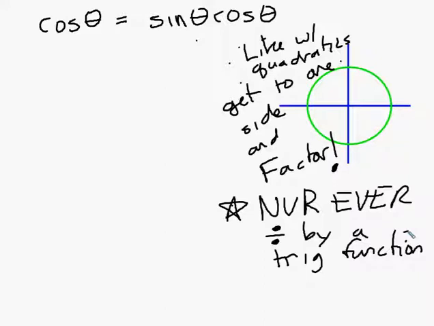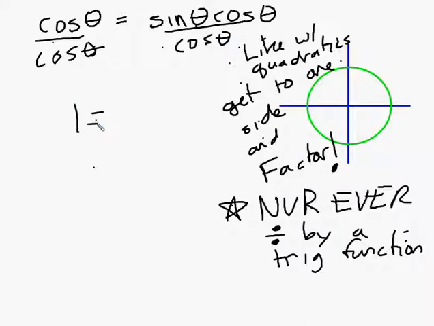It is mathematically okay to divide both sides. If I wanted to divide both sides by cosine, that's algebraically okay. But as far as trigonometry is concerned, if I were to divide both sides by cosine, even though in algebra class you would say that's okay because you did the same thing to both sides, you get 1 equals sine.